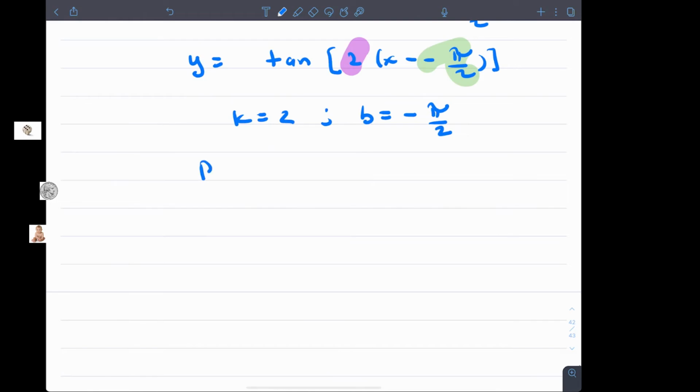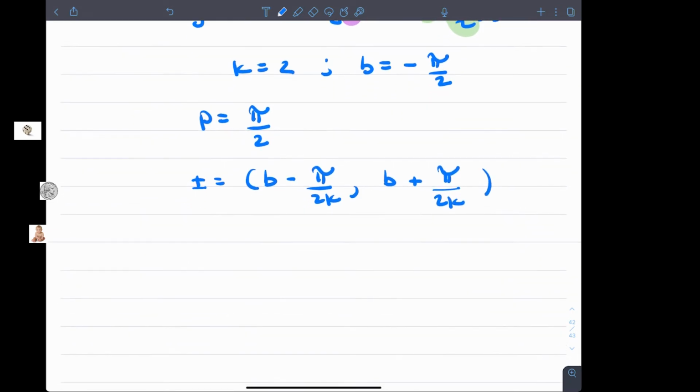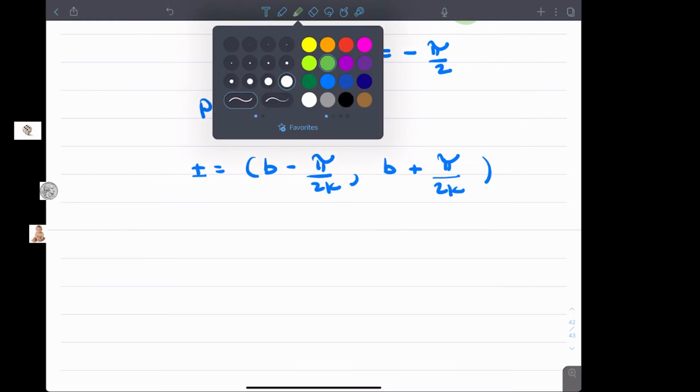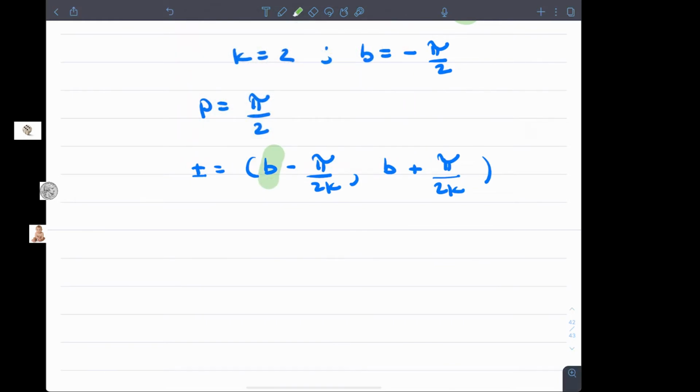Okay, period now. Pi over k, that's pi over 2. My interval of 1 cycle now, you say, is that b minus pi over 2k? The book didn't give me that formula. The book wanted you to deduce it yourself. So now I put my b value here, and the k value down here.